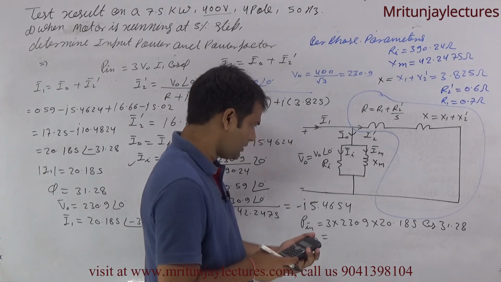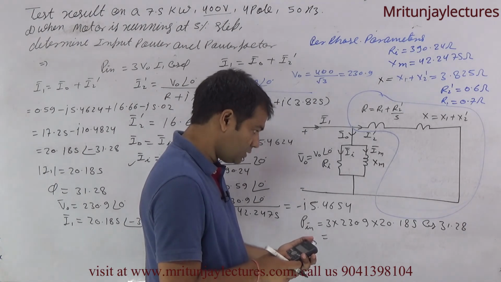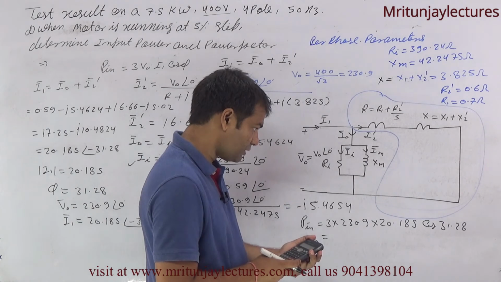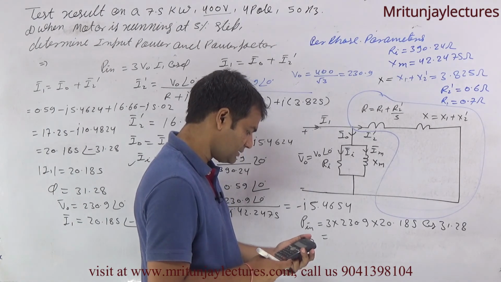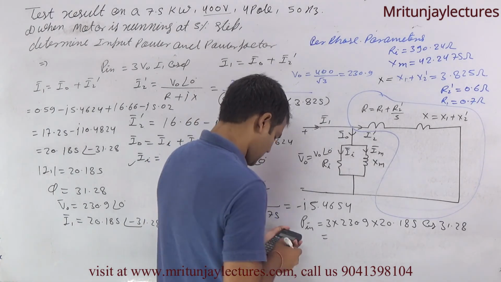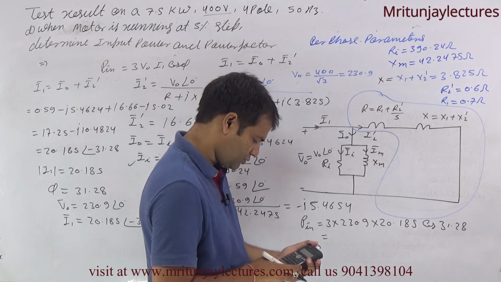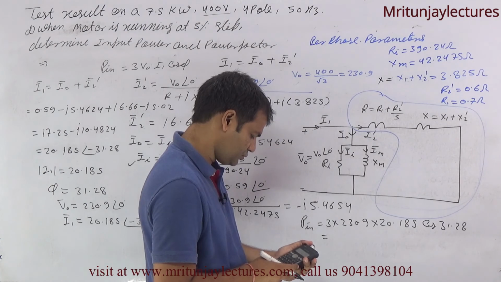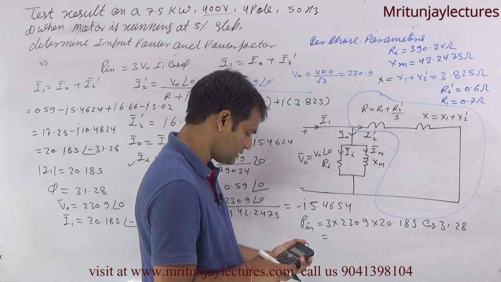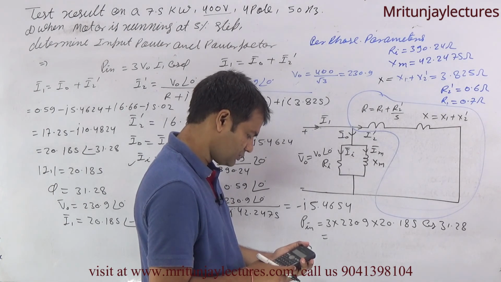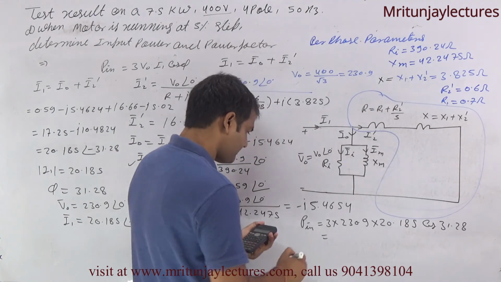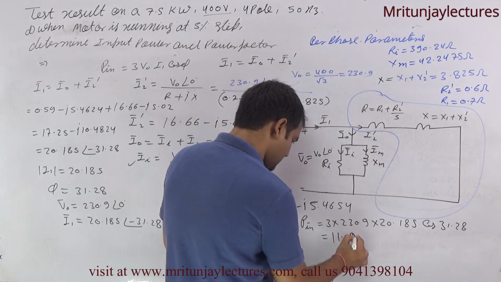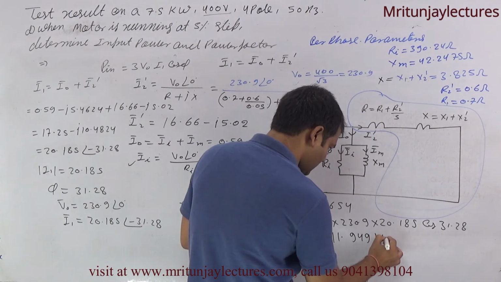Cos 31.28 into 20.185 into 230.9 into 3. Finally we got 11.949 kilowatt.